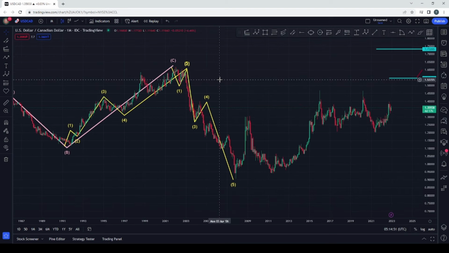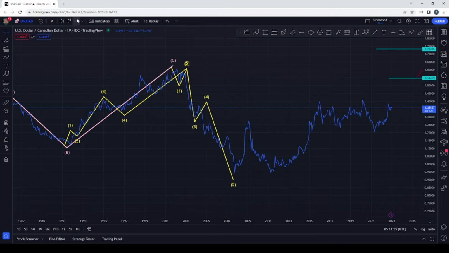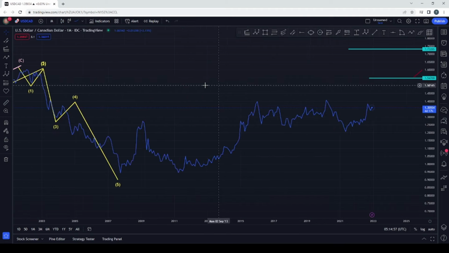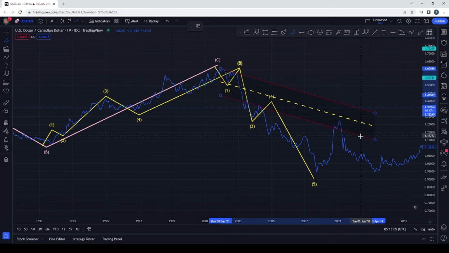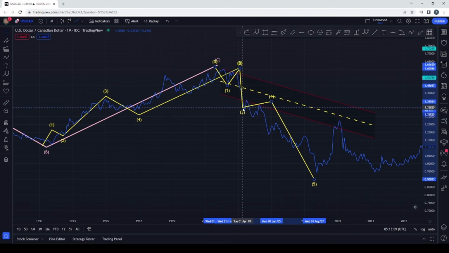To be sure I drew the Elliott wave correctly, what I usually use to confirm my drawings is to go down to the line graph, and that will give me the fractals properly. So you can see it's here. I think this is meant to be at this area down here.